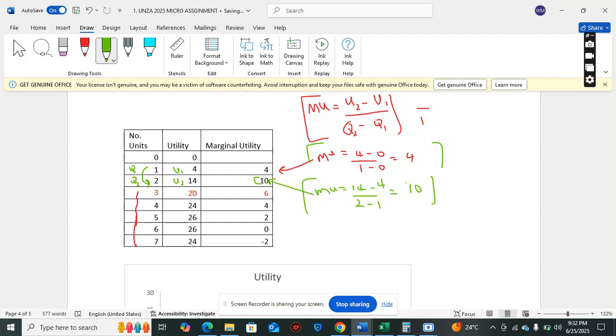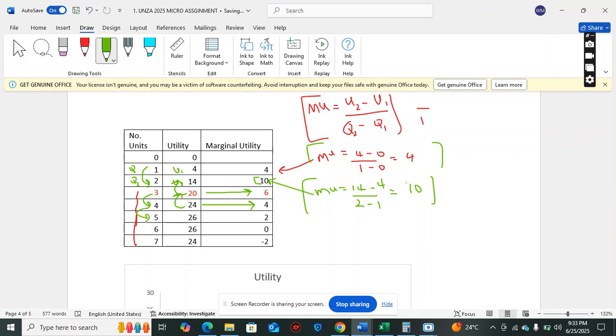Okay, so the shortcut, we're now at 3 units. So you're just going to say 20 minus 14. That gives you 6. So when you have the third unit of this good, it brings an extra satisfaction of 6 utils. When we move to 4 here, just going to say marginal utility 24 minus 20. That gives you 4. So this fourth unit is bringing an extra satisfaction of 4 utils.